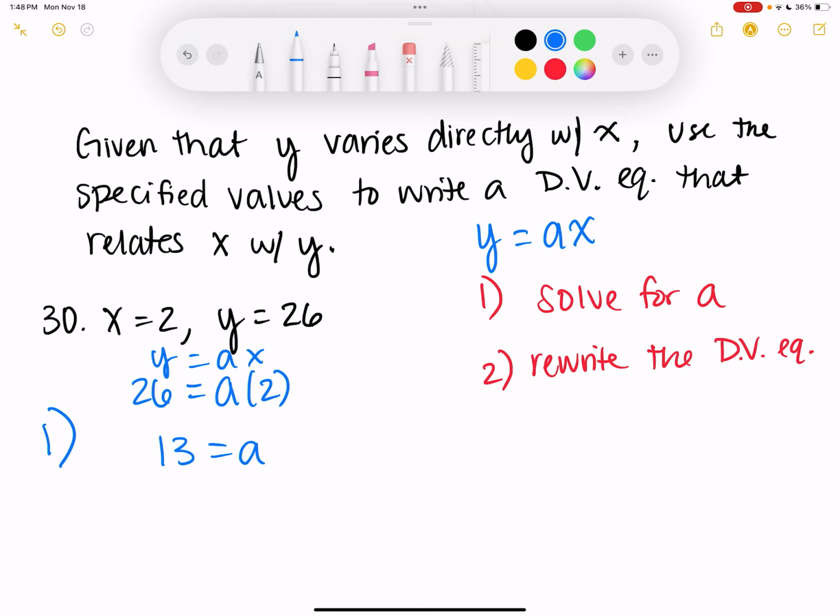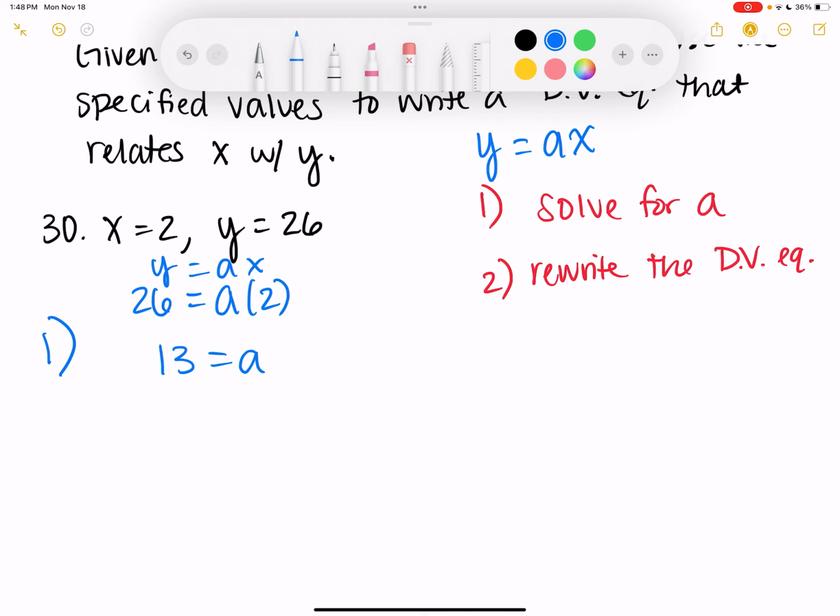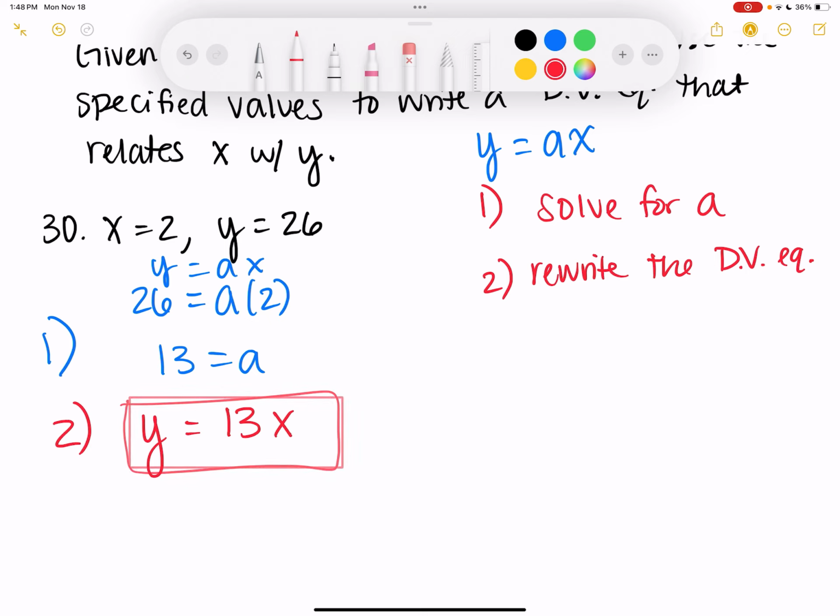That is not your answer. If that's all you give me, you get about half credit, because the instructions say to write an equation. So we go back here: y equals ax, y equals 13x. That is part 2. That is your final answer.